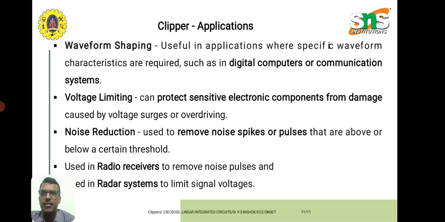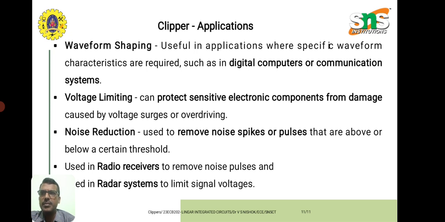Finally, we are going to see the clipper applications, where we need clipping of the given input signal. That is discussed here in this slide. Waveform shaping is used in applications where specific waveform characteristics are required, such as in digital communication and digital computers.